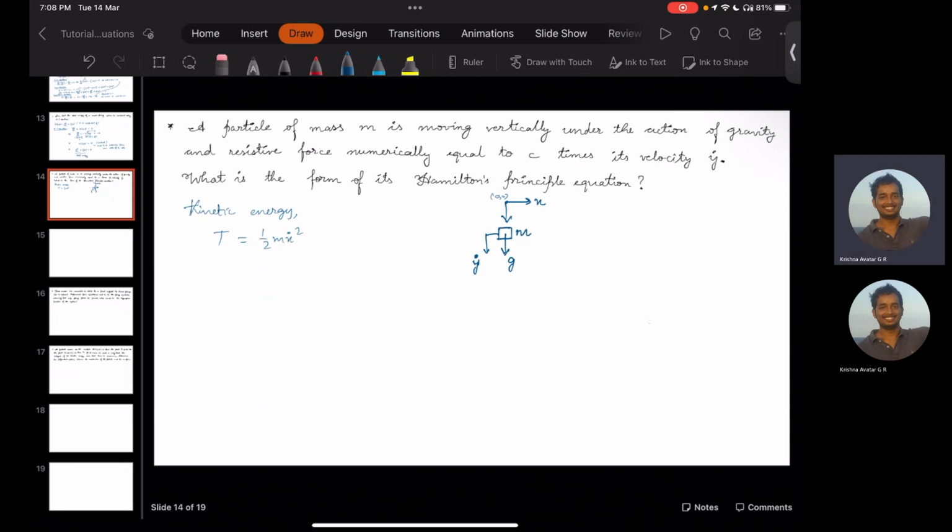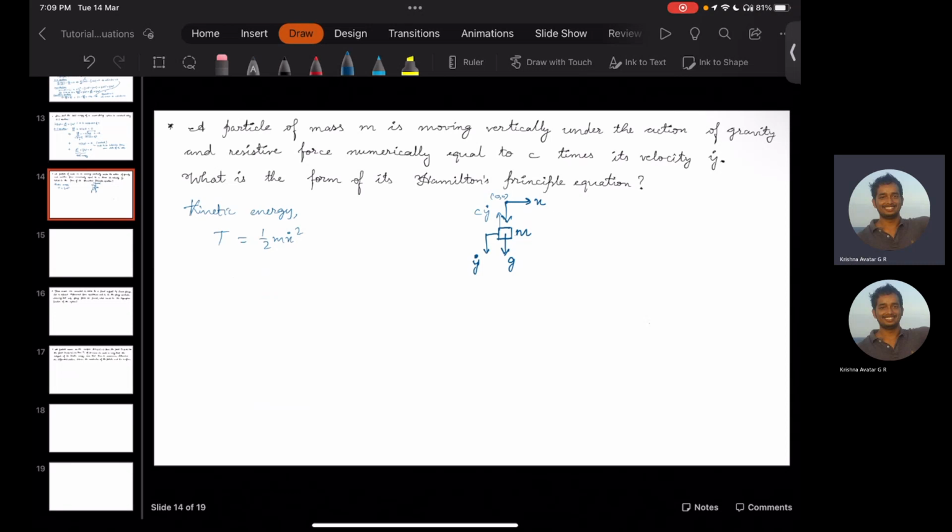I have not shown a free body diagram, right? The thing is there is a mass m, gravity is acting downwards, and there is another resistive force which is numerically equal to c y dot. So c into y dot, and it is opposite to the direction of the motion of the body.